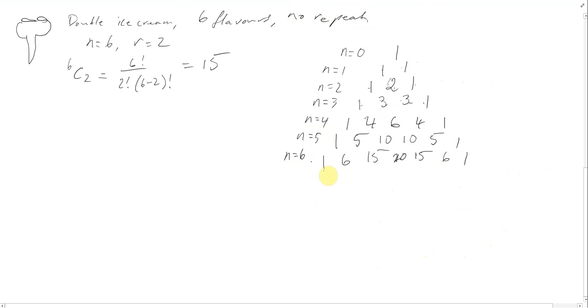And the first entry in each row is r equals 0, then r equals 1, r equals 2, r equals 3, and so on: 4, 5, 6. Okay, I think you get it.